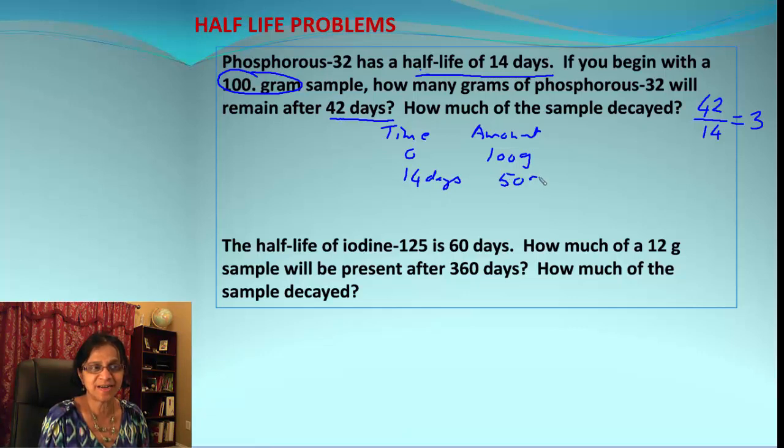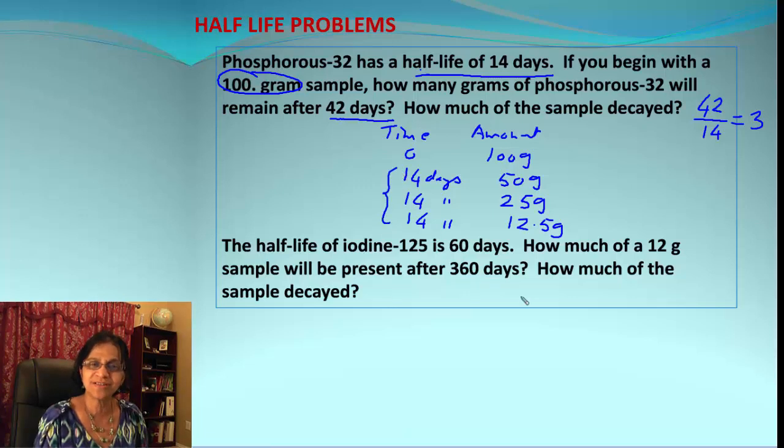Half of 100, it will be 50 grams remaining. The second half-life comes and it will be half of 50, so 25 grams remaining. The third half-life comes and it will be half of 25, so 12.5 grams remaining. This totals 3 half-lives, and the final amount we are left with is 12.5 grams.